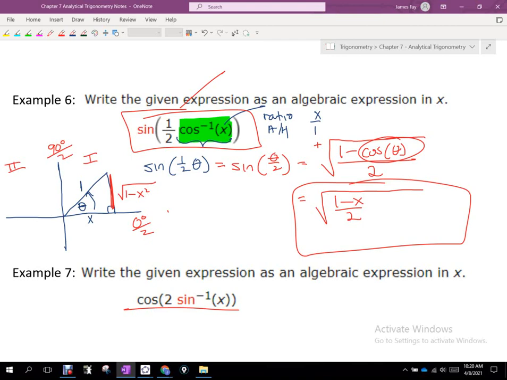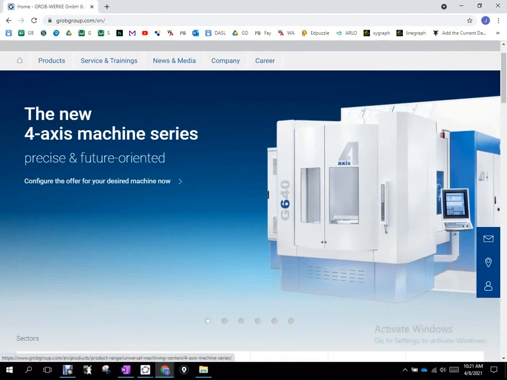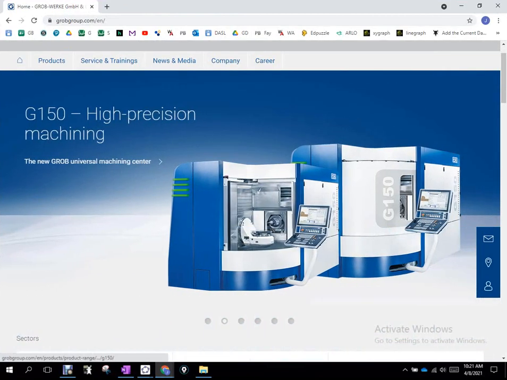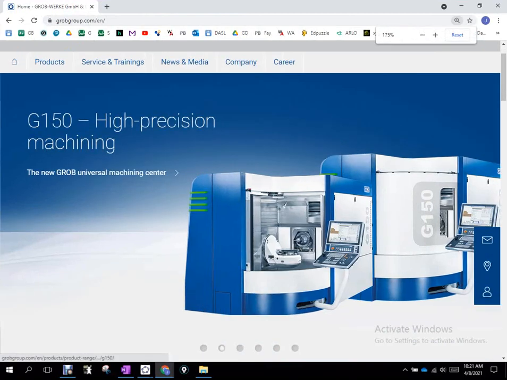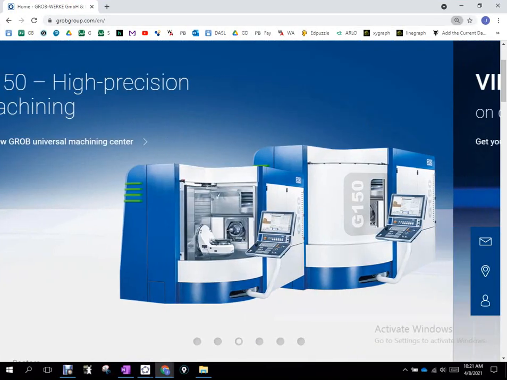So I think their website has some pictures on it. So these are some of the CNC machines that they make, which, if you look in here, kind of zoom in, maybe on the picture, that's not a very good picture. So you can find some more.